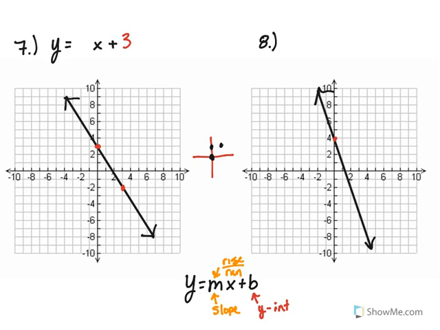So to get from 3 to the other one, we're going to go down. So we have to go 1, 2, 3, 4, 5. So we're going to go down 5, so it's -5. We're going to run 3.